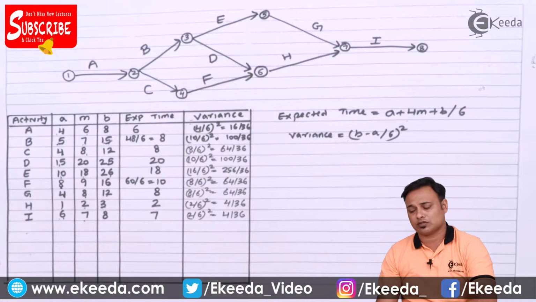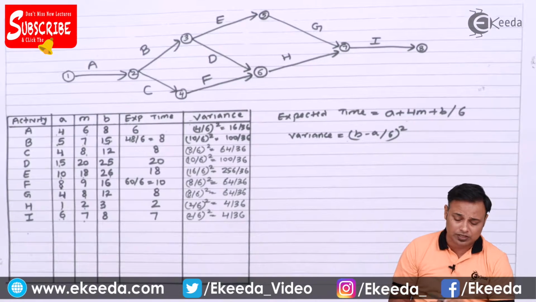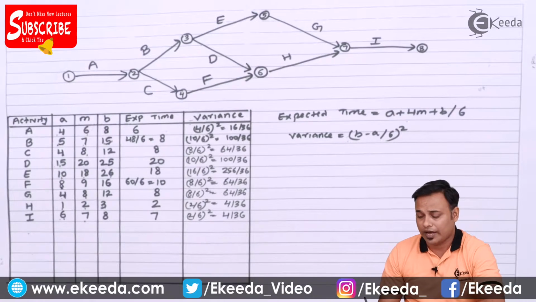So we are done with the calculations of the variance. We are done with the calculation of the expected time. I'll just note down this expected time against the activities.